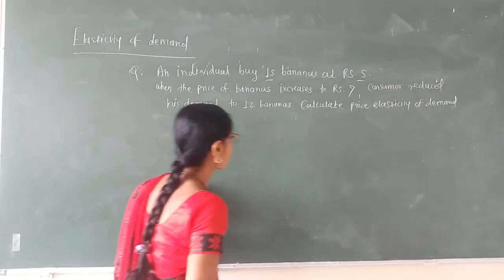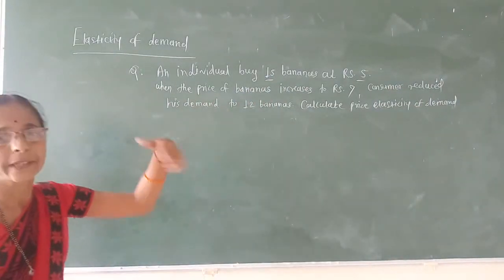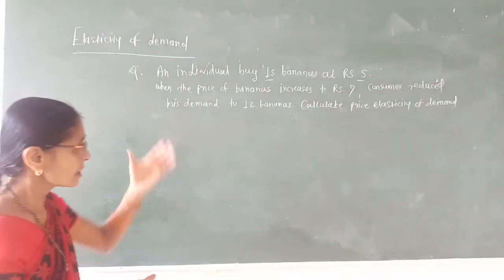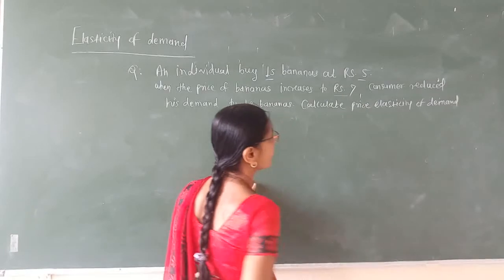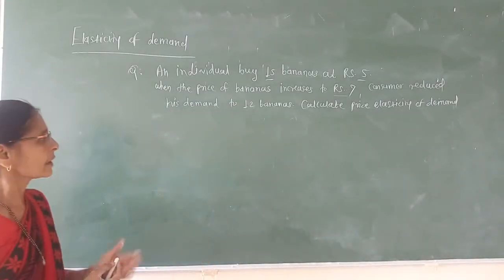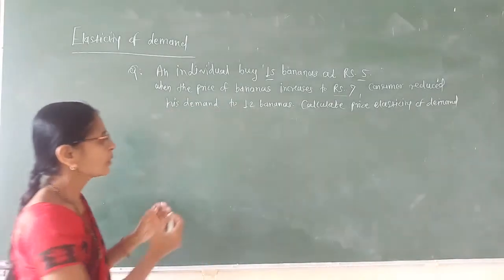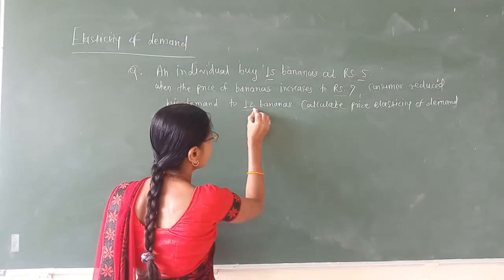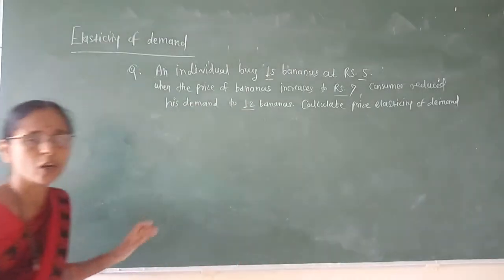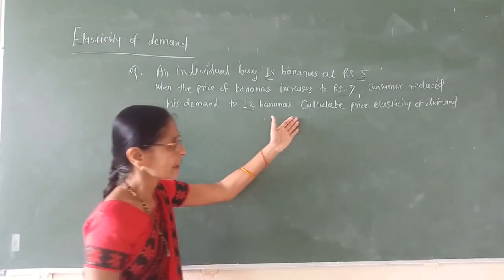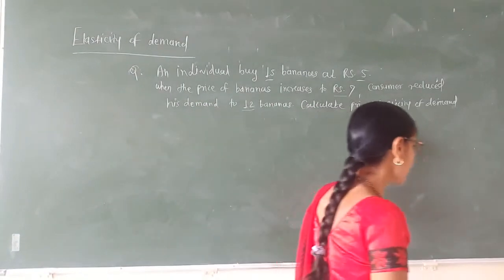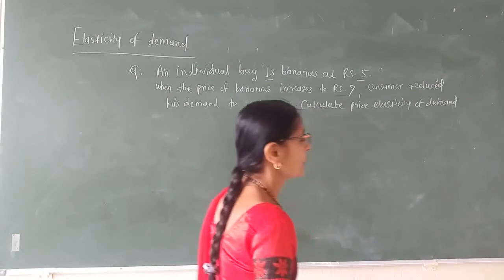And suppose the price of a banana increases to ₹7, then the consumer reduces his demand. He only purchases 12 units of bananas. Then calculate the price elasticity of demand.